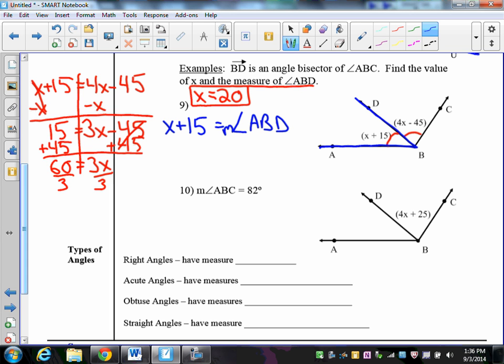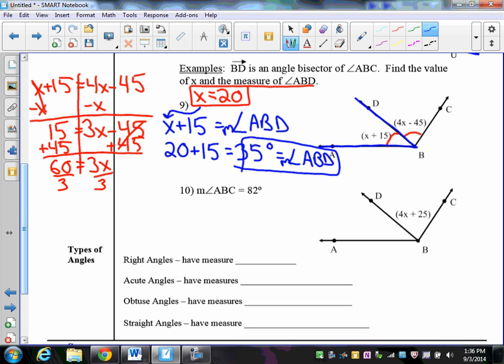So all we're going to do is substitute this 20 in for x. So 20 plus 15 is 35 degrees. That's equal to the measure of angle ABD. So again, I'm going to put the m there. And that's it. I found the two things I was looking for, x and ABD.